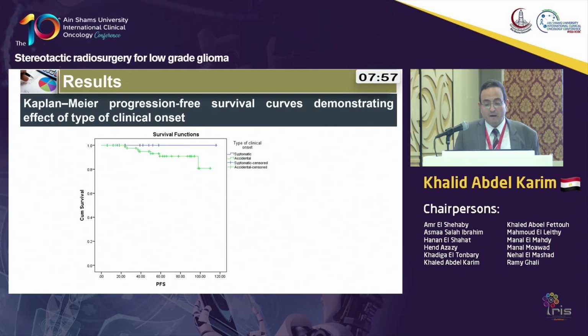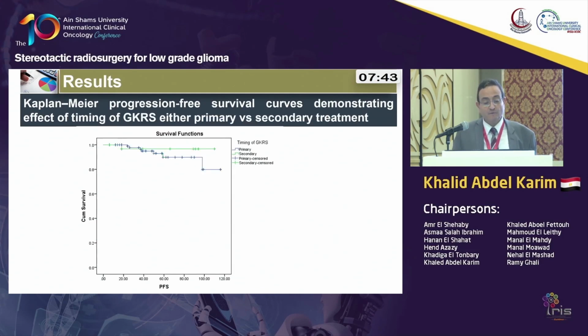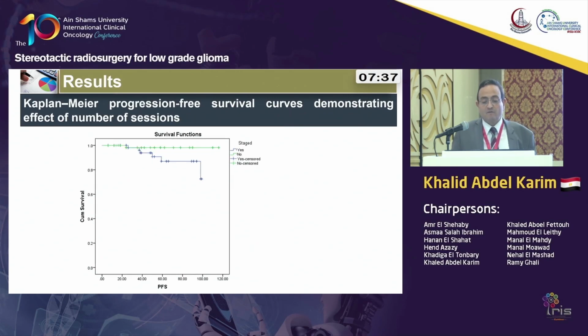The symptomatic or accidental cases, we can see here the progression-free survival also demonstrated, according to the clinical onset, those patients had better progression-free survival. The timing of gamma knife radiosurgery and the stage, the progression-free survival, again, to the staged volume treatment.